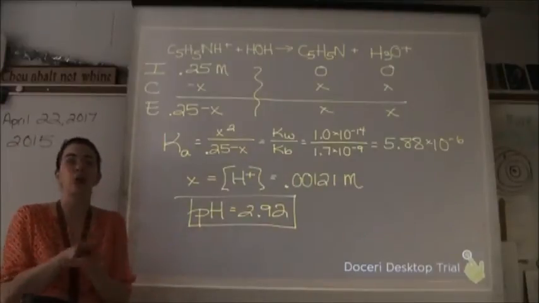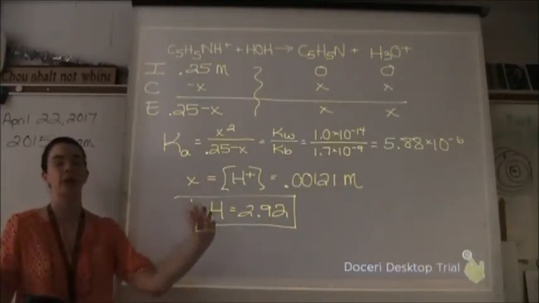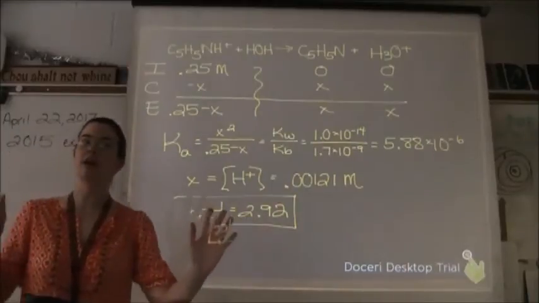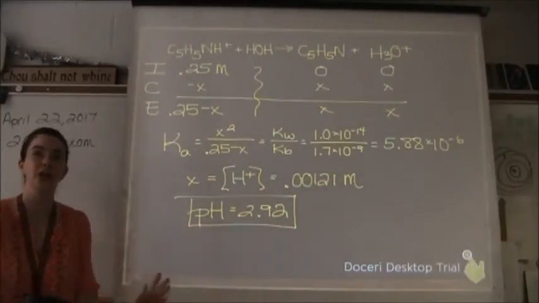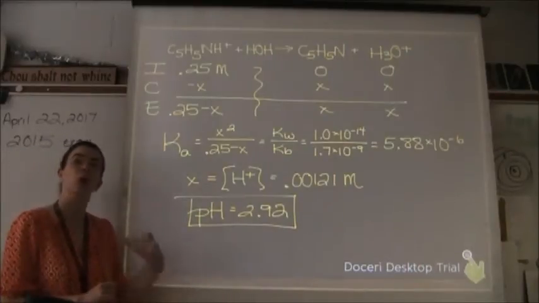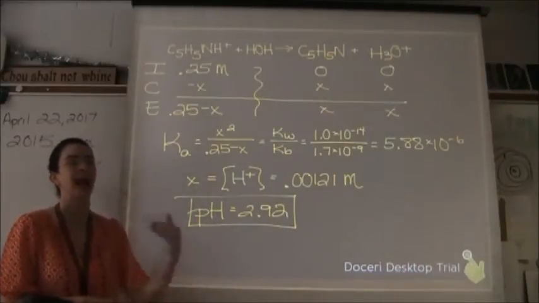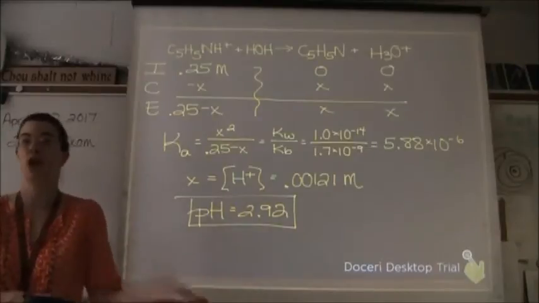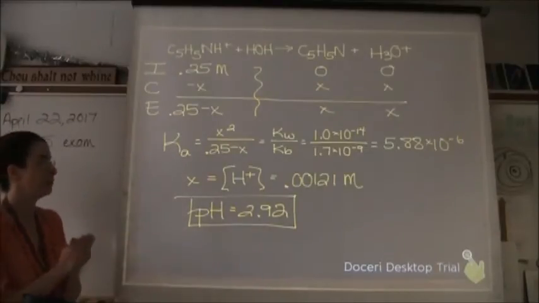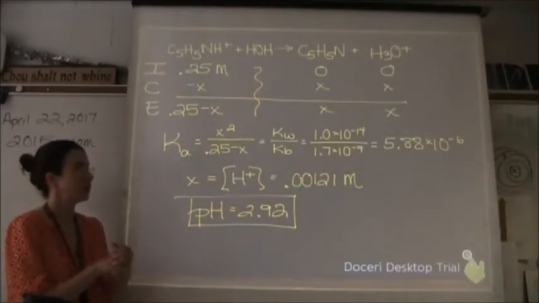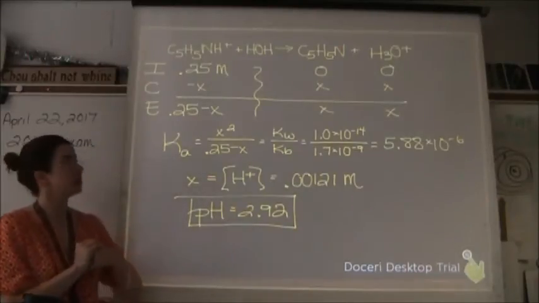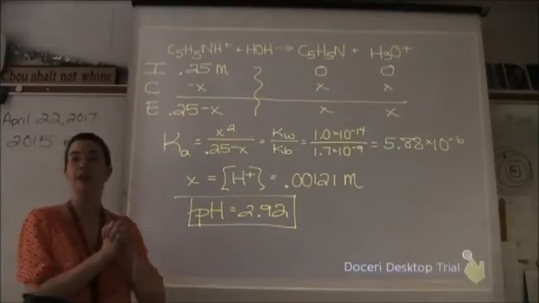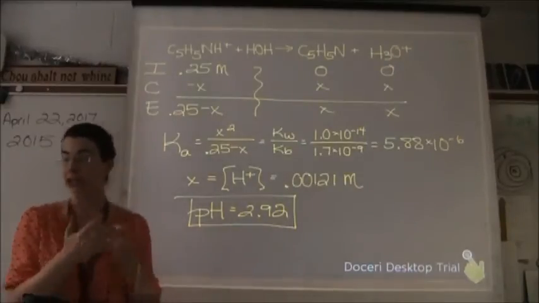And I'm not going to tell you, oh, watch out, guys, this is a problem you need the Ka for, but I didn't give it to you. No. You have to be able to figure it out. What kind of K do I need, and is that what's given to me? Yes, no. Okay? Does our answer make sense? Yes, it does. We predicted that it would be in the acidic range, and it is.